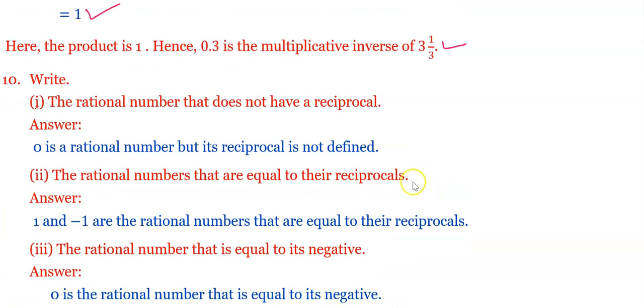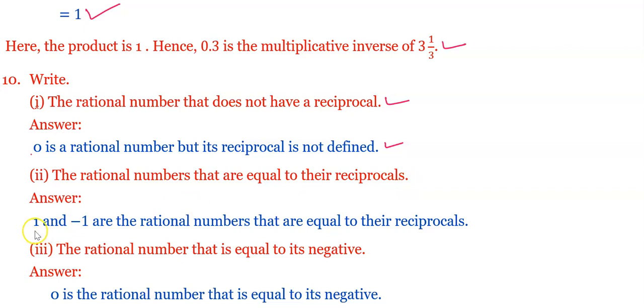Now the next. Which rational number does not have a reciprocal? 0 is a rational number, but its reciprocal is not defined. Next, the rational numbers that are equal to their reciprocal.